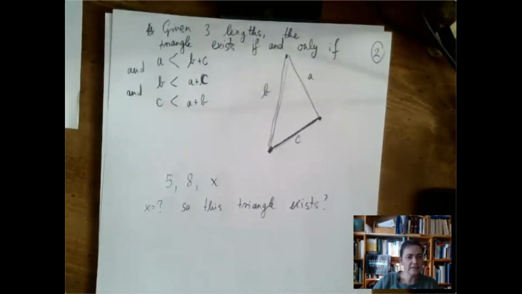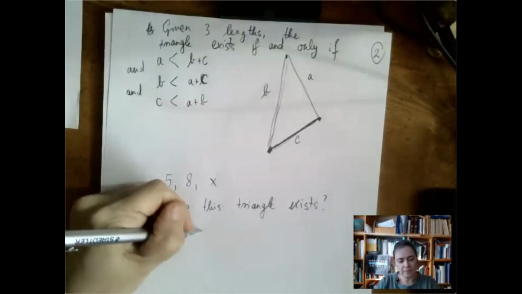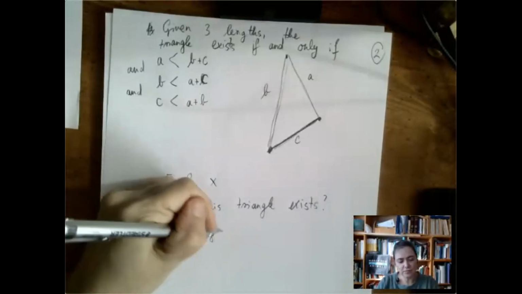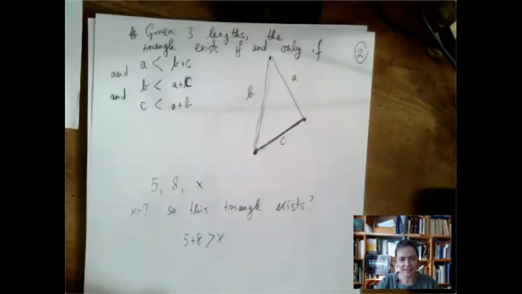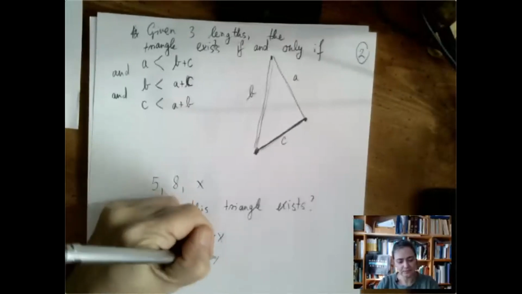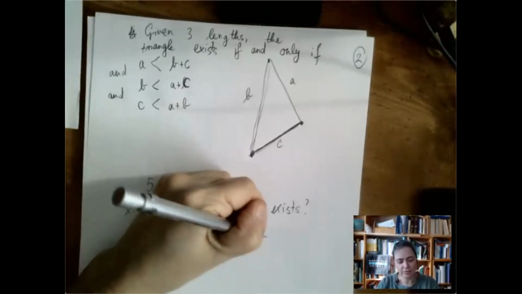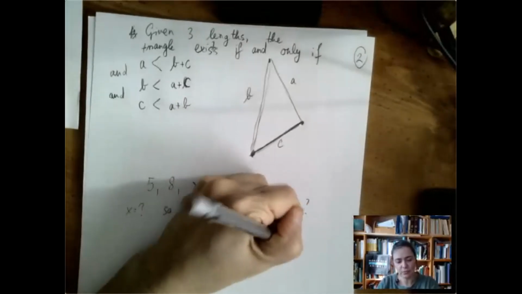The end, I agree, but the beginning, I think 1 is a problem, because 1 plus 5 is too short. Oh, of course. But yeah, so obviously 5 plus 8 should be bigger than x, hence x has to be less than 13. But also 5 plus x should be more than 8.